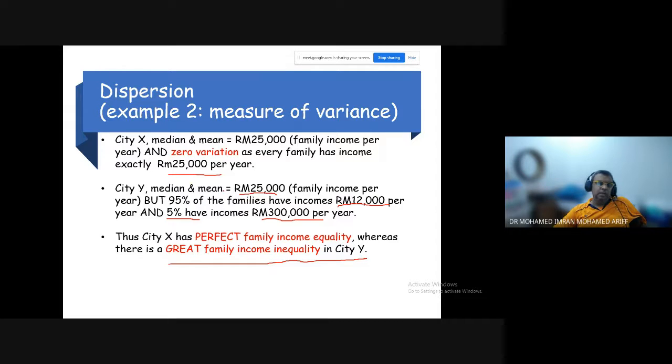Do you understand? If not, okay, it's very simple. In this scenario, city X shows that if you have zero variation, it means everyone is earning almost the same.